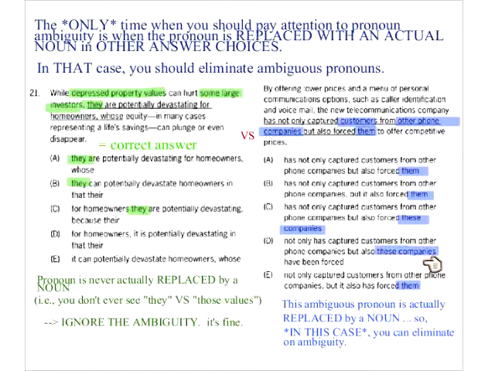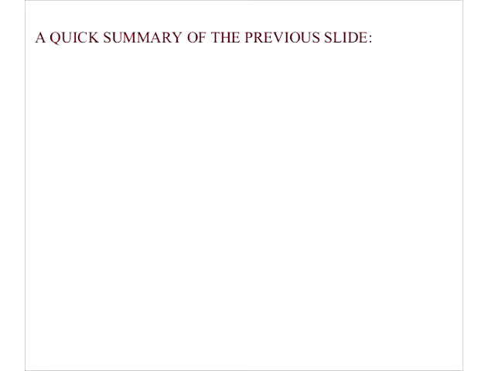So a quick summary in fewer words of what we just saw, and then we'll look at a couple other problems. We're not going to get to the quant part today. A quick summary of the previous slide. If you just see an ambiguous pronoun, your response should be, I don't care.